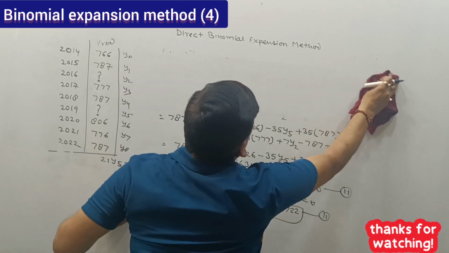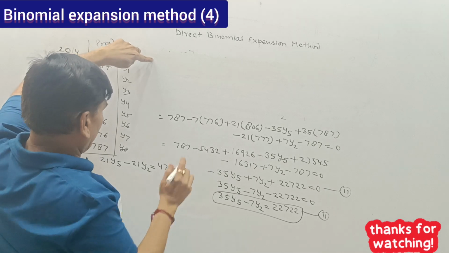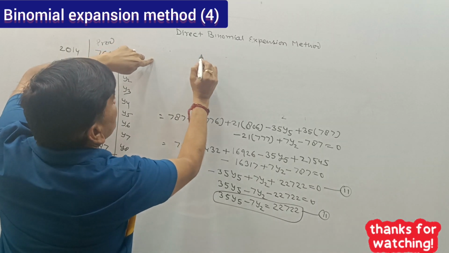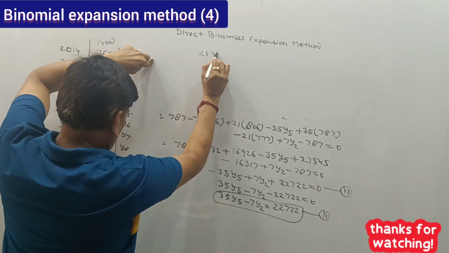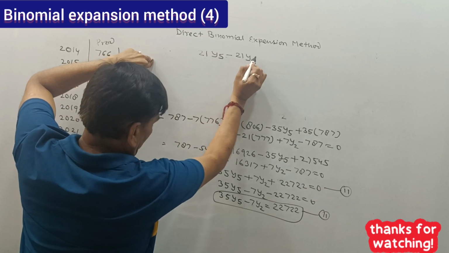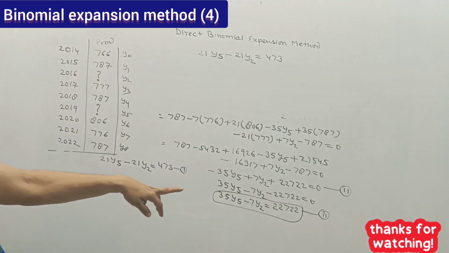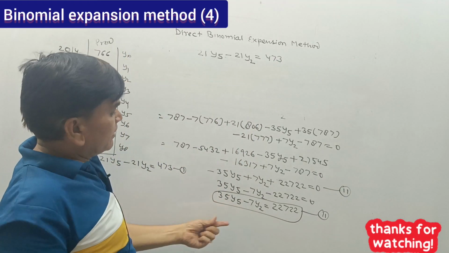For getting the value of first and second, the first is 21y5 minus 21y2, that is 473. Okay. Now multiply with 3.